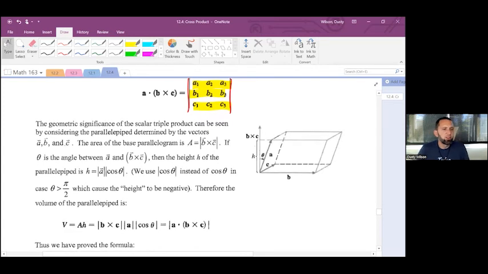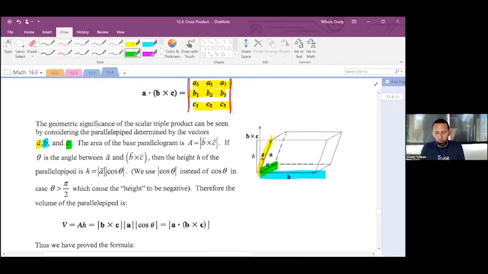So the geometric significance of the scalar triple product can be seen by considering the parallelepiped determined by the vectors A, B, and C. Let's see if you can see it. So here's our A vector. Here's our B vector. And then our C vector is the one that's going into the board.